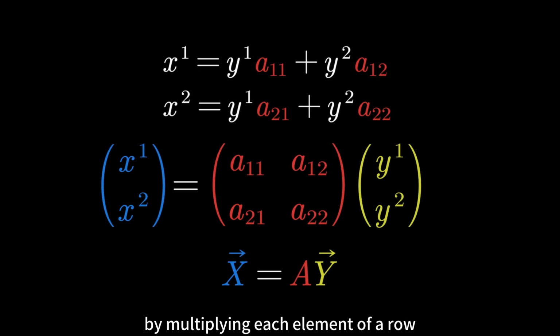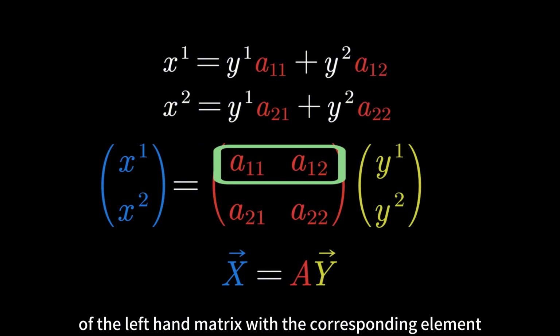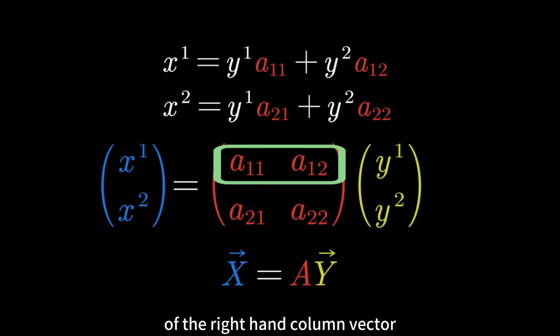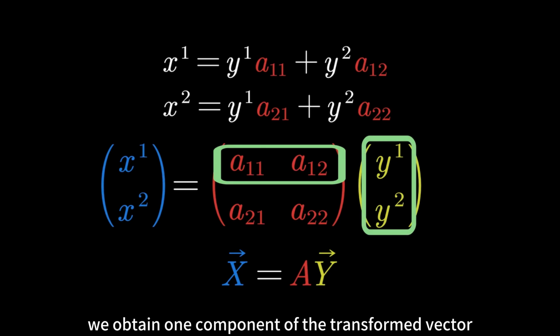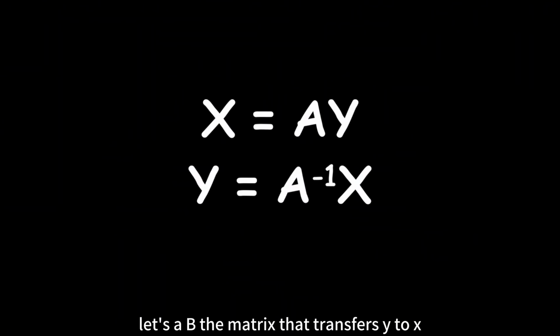By multiplying each element of a row of the left-hand matrix with the corresponding element of the right-hand column vector and summing the products, we obtain one component of the transformed vector. Let A be the matrix that transfers y to x.